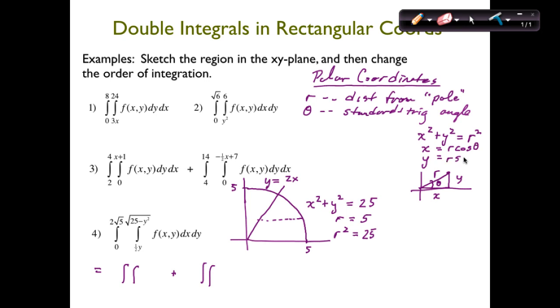This is all review. It should ring a bell, right? r cosine theta will give you x, r sine theta will give you y. Those are the relationships for polar coordinates as related to Cartesian coordinates.